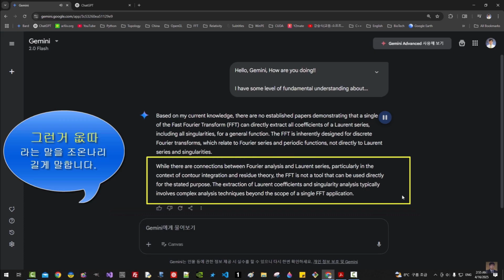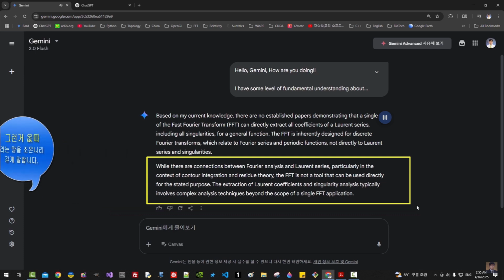While there are connections between Fourier analysis and Laurent series, particularly in the context of contour integration and residue theory, the FFT is not a tool that can be used directly for the stated purpose. The extraction of Laurent coefficients in singularity analysis typically involves complex analysis techniques beyond the scope of a single FFT application.